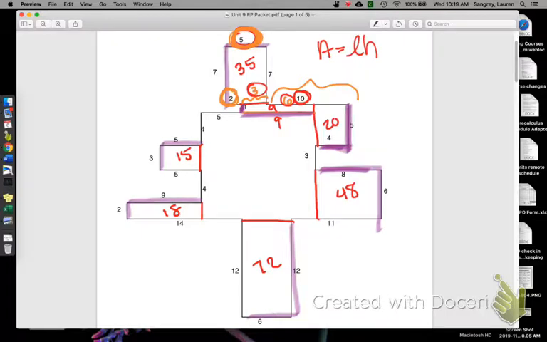But now I need to focus on that big center rectangle. So I'm going to have to get this distance here and this one to be able to do length times width. So as I work my way down, I have this distance of 4.